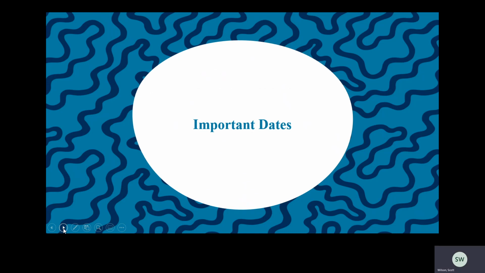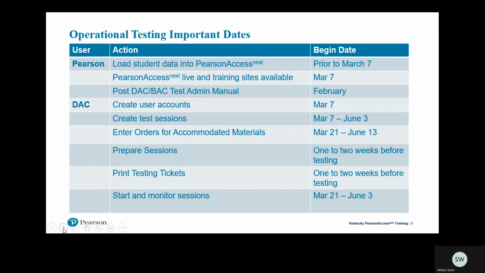Next, we'll go into some of the important dates that you need to know. The next couple slides have a lot of information on the dates that you need to know: when you can start creating user accounts, when you can create test sessions, dates when you need to order additional accommodated materials via additional orders, preparing sessions, printing test tickets, and starting and monitoring sessions.